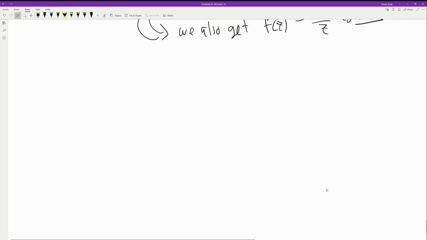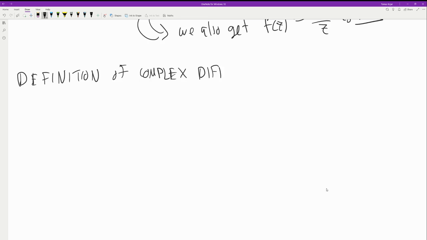Okay, so now let's talk about complex differentiable and analytic functions. So we defined limits, complex limits.